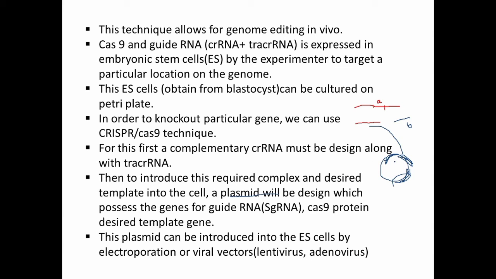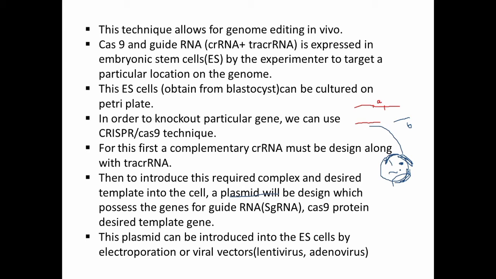As we inject this plasmid within the embryonic stem cell, what will happen? This gene for the CRISPR RNA will be transcribed into the CRISPR RNA. Then the Cas9 protein gene will be transcribed and translated, and it will form the Cas9 protein, and the desired template gene will also get replicated, and we have multiple copies of the desired template.